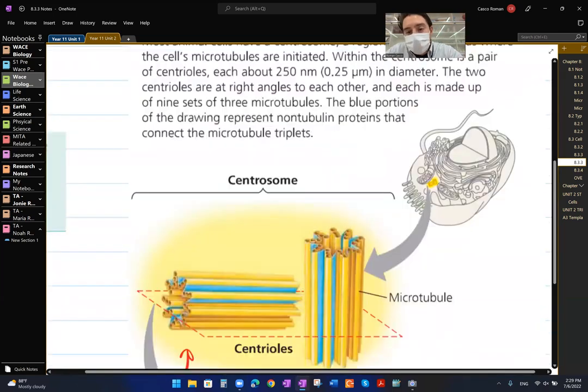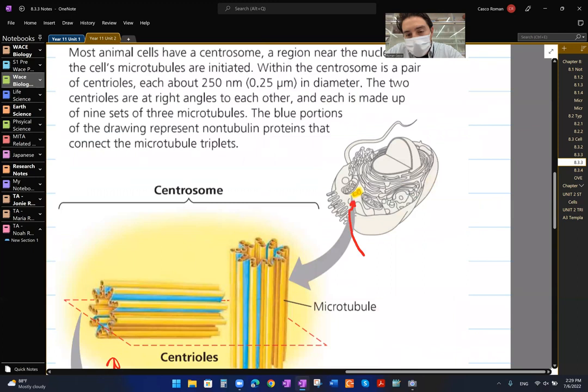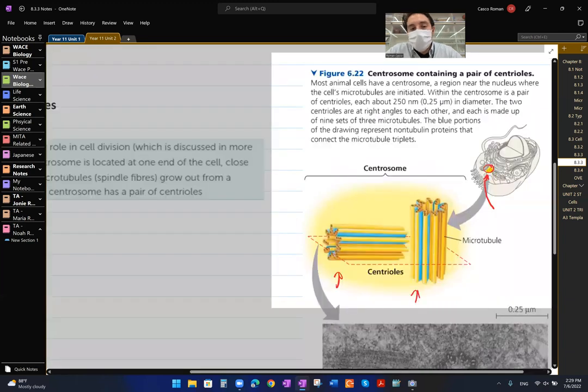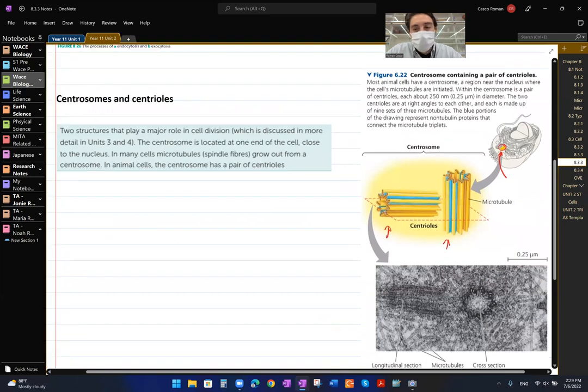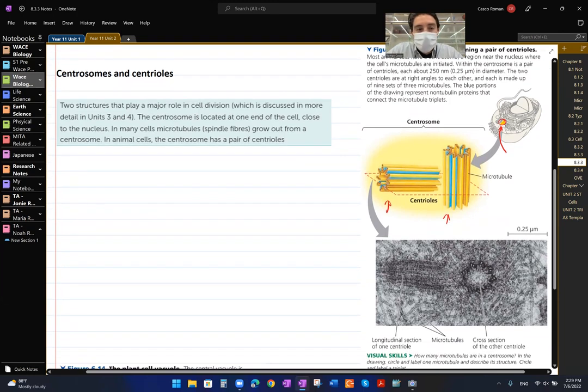If you take a look at this diagram here, you see how it's geared more toward this lower side, the base side of the cell. They're usually in the extremes of the cell. You do have another one that is closer to the nucleus, especially during cell division. They divide to the extremes of where the cell pulls each other. But we'll take a look into that in more detail in units 3 and 4.